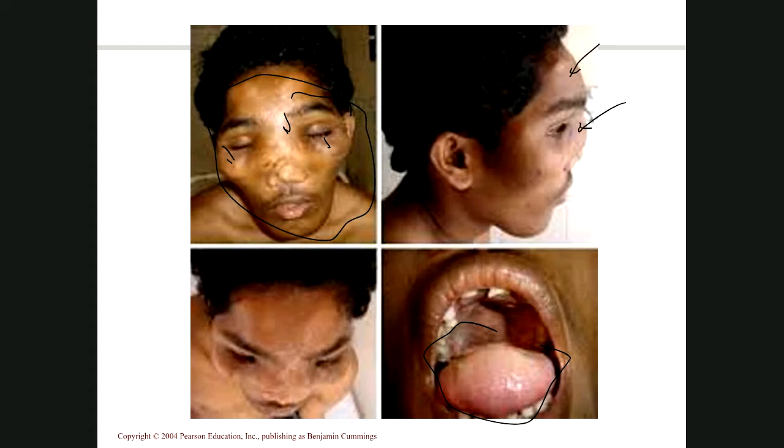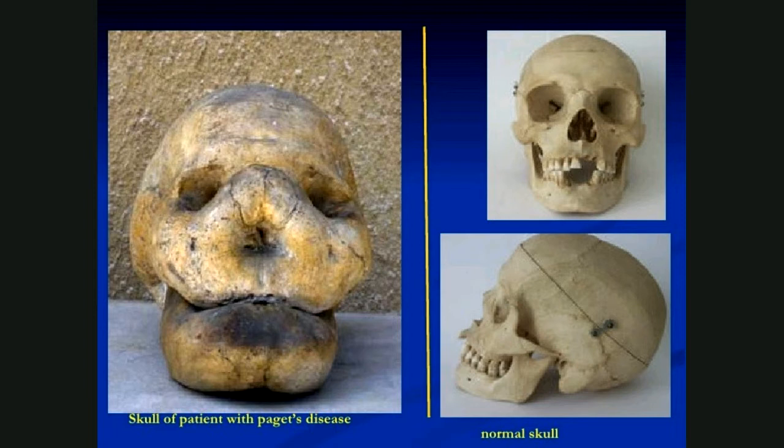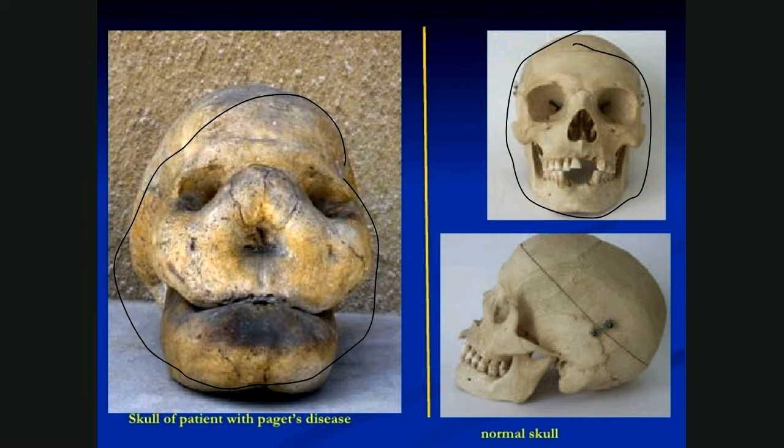And here's his skull. Look at it. Doesn't look anything like a normal skull at all. So if you came along and you found this skull, and you didn't know this was disease, you might think that aliens visited the earth. Because they don't look like normal people.